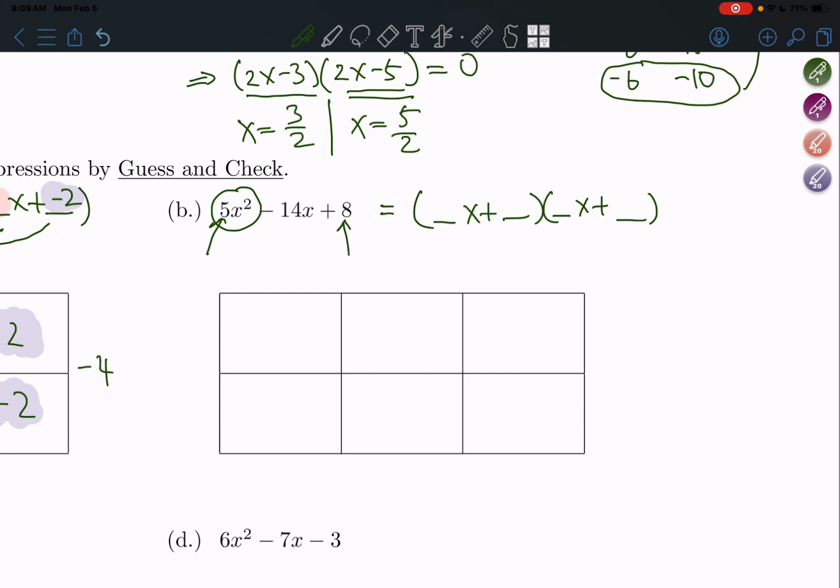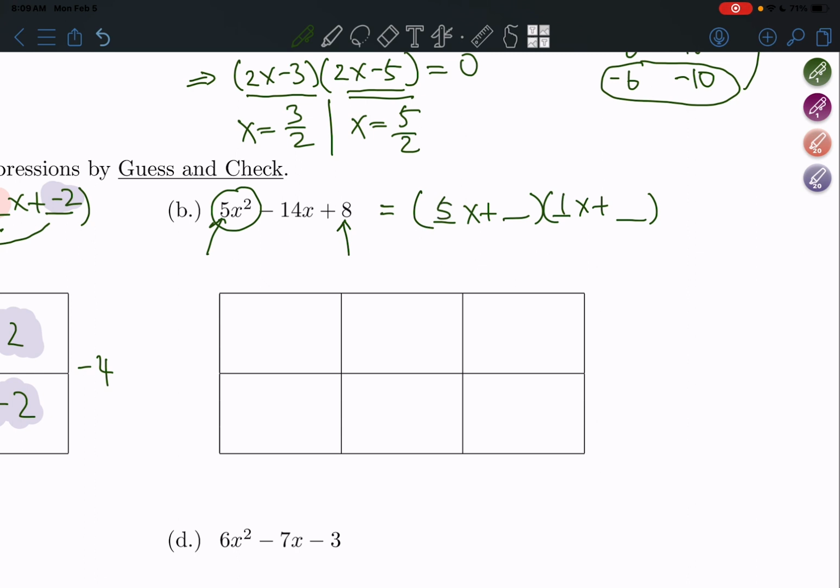So 5 has fewer factors than 8, because 5 is just 1 and 5. Technically that's probably the better way to start, but I personally like to start with the first term. In this particular case, 5x squared factors into 5x and 1x.